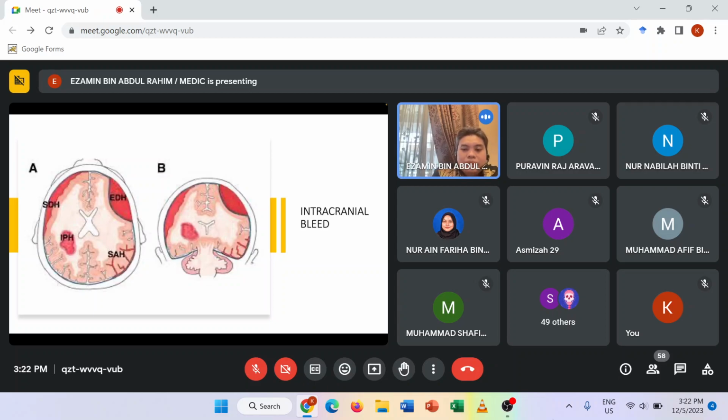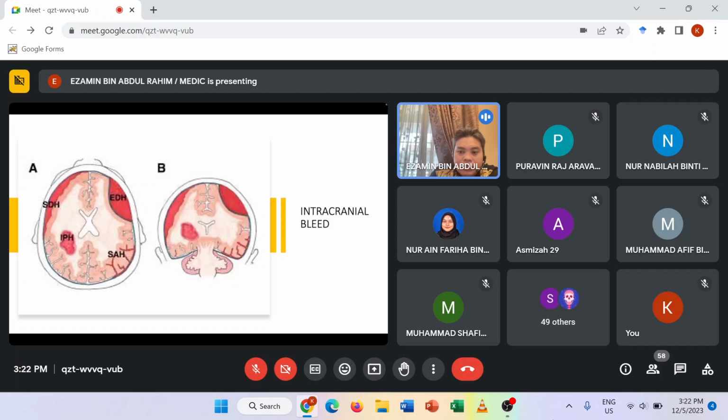Small vessel occlusion we cannot do as a radiological procedure, but our neurologist colleagues can give some thrombolysis drug.